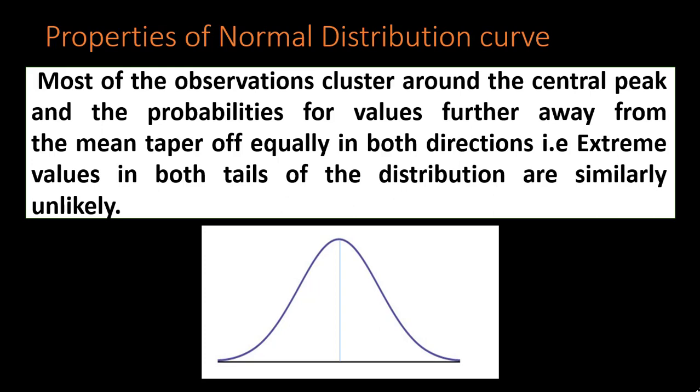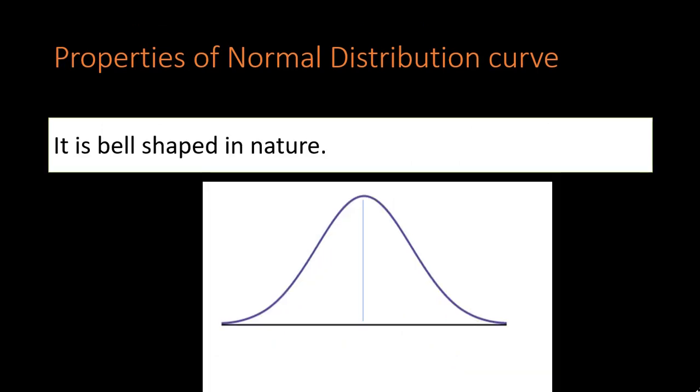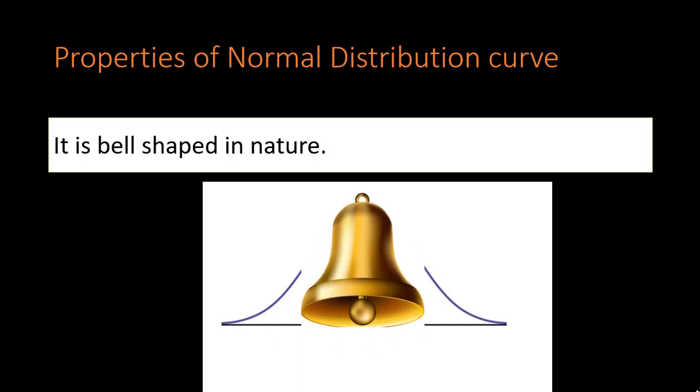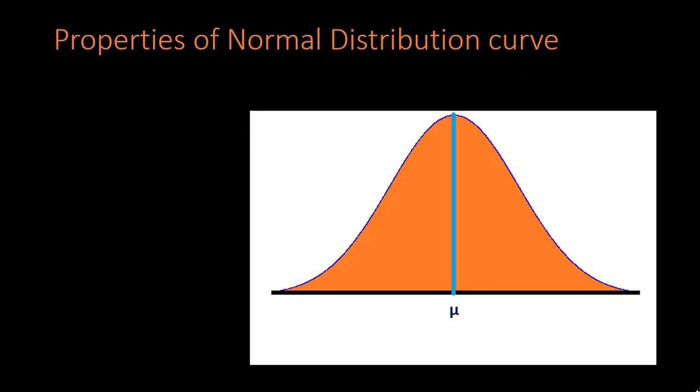What is the meaning of that? It means that the probability for an extreme value is very low and the probability for a mid value is very high. Another property is that it is bell shaped in nature. If you see the shape of a bell, you would find that it resembles the normal distribution curve.